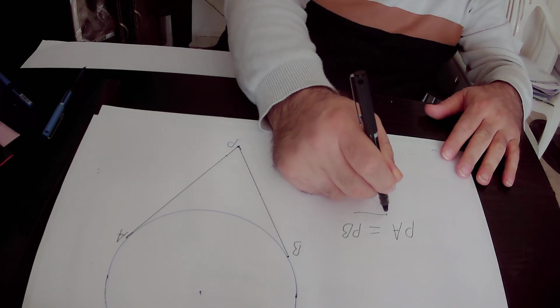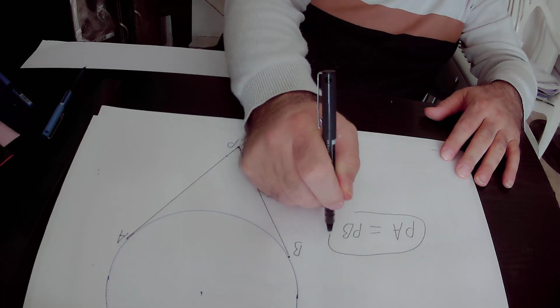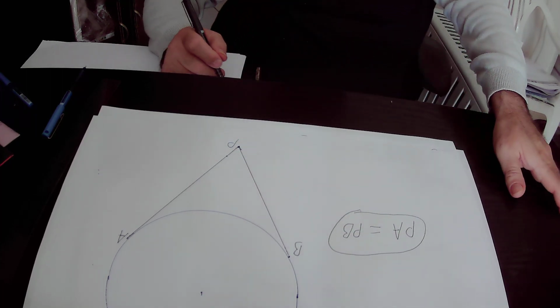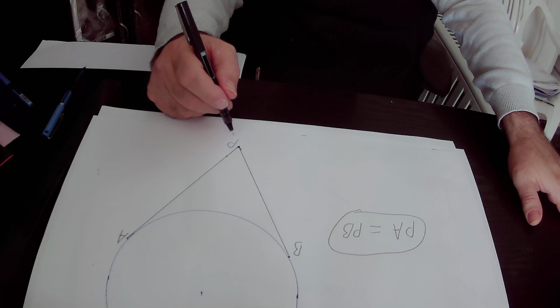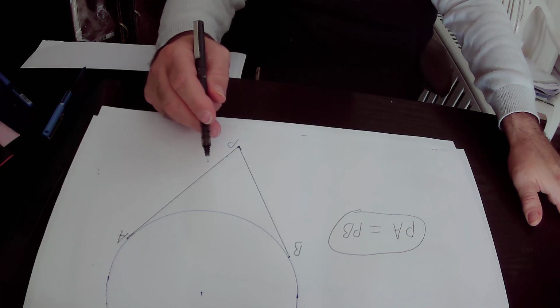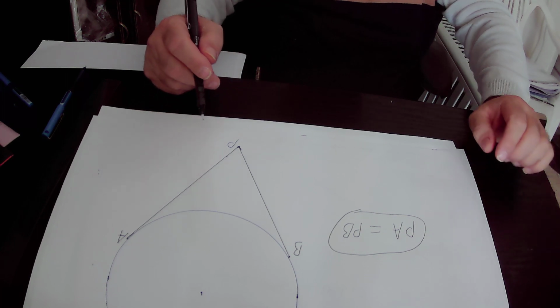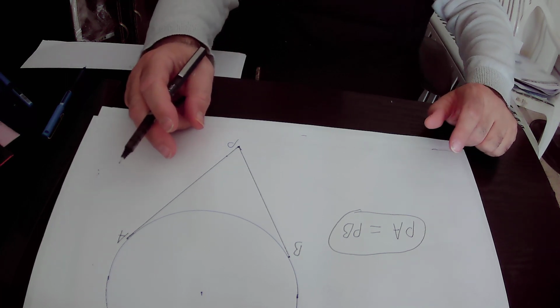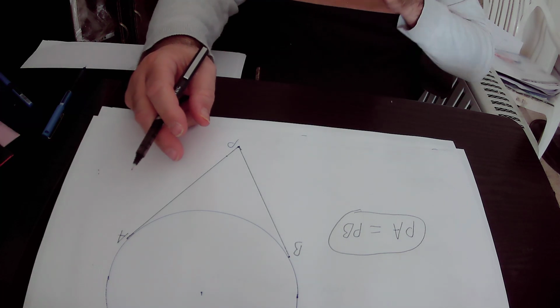So whenever you draw two tangents from a common external point of a circle to that circle, then the lengths of those two tangents will be equal to each other. In this case, PA equals PB.